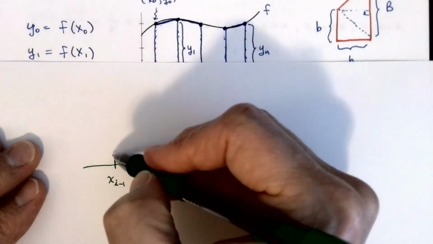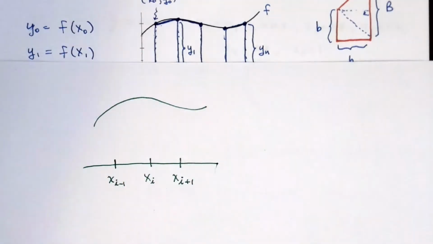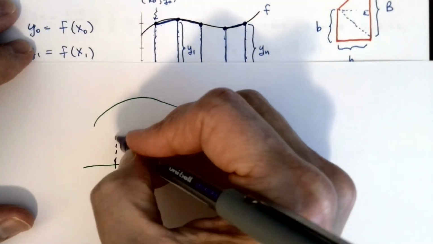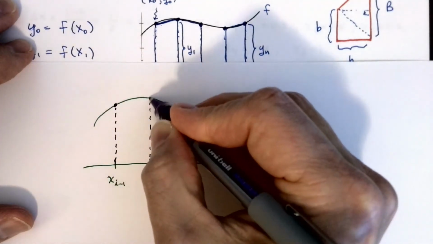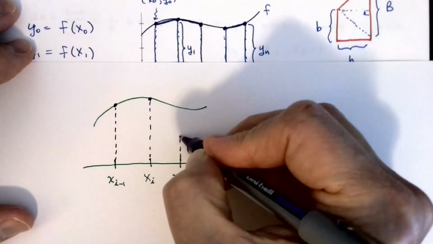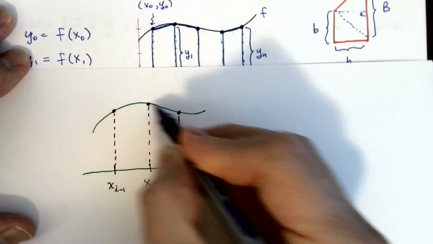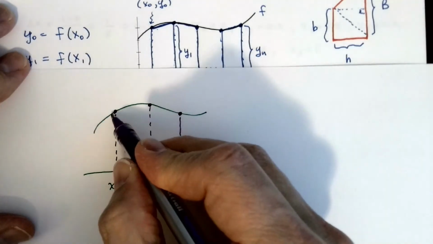And so if we have some function up here, what we're going to do is actually try and fit through these 3 points here. We're going to try and fit a quadratic function, right? A quadratic function.